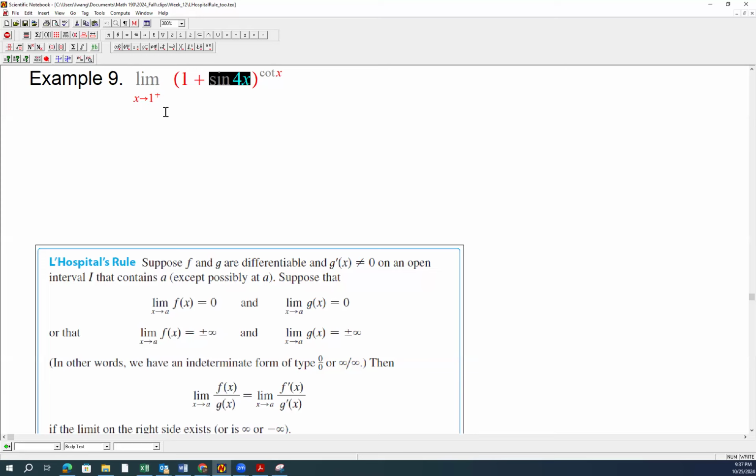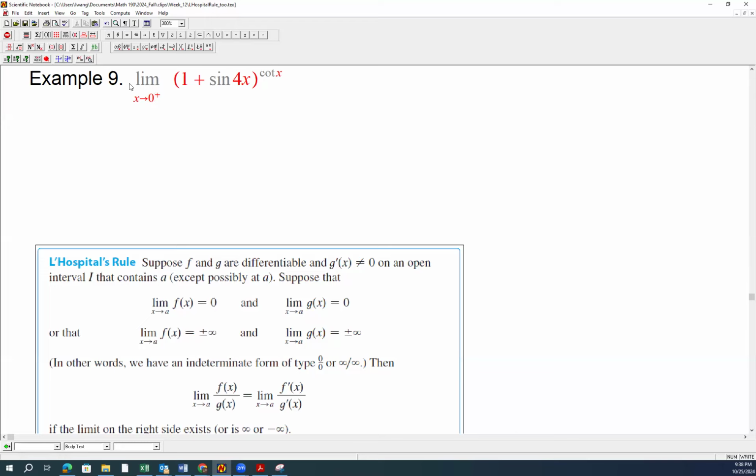Okay, let me double check. I was right, so this is approaching 0. My bad, because if it's not, it would not be an indeterminate form. Okay, we will not need to work it the way we do.